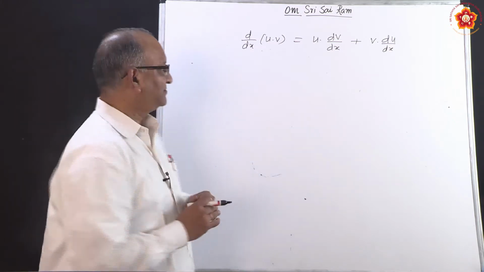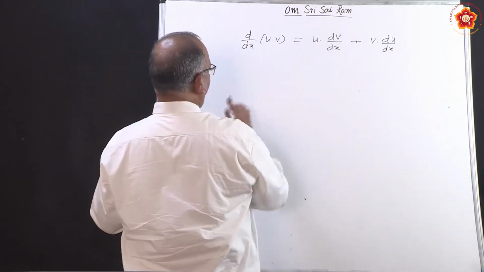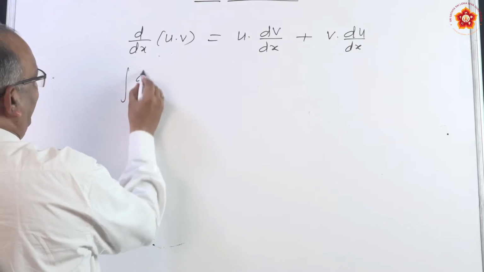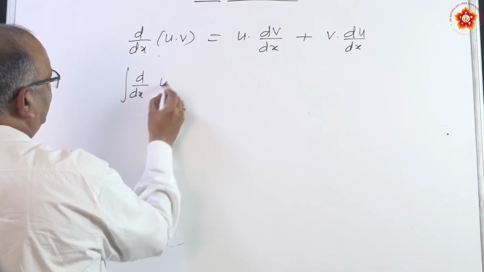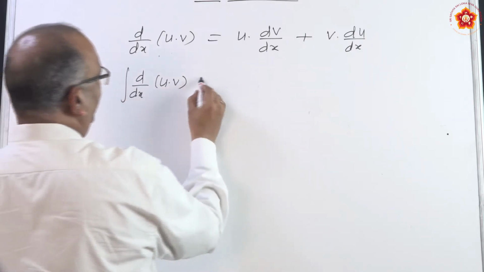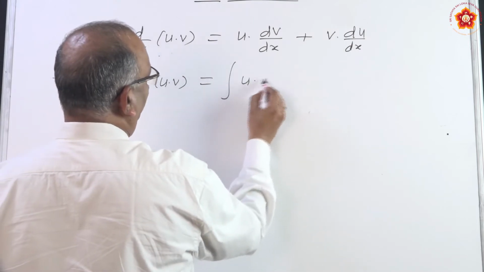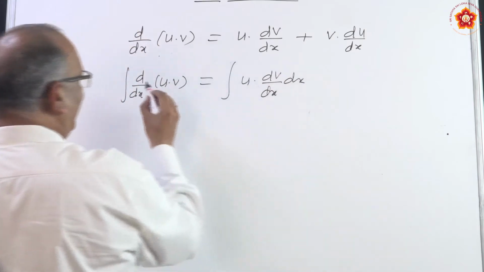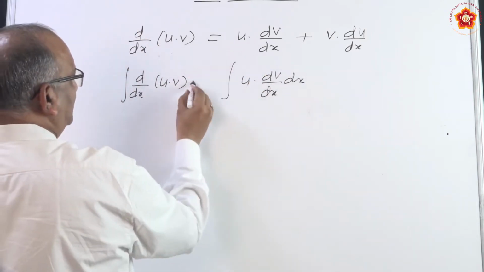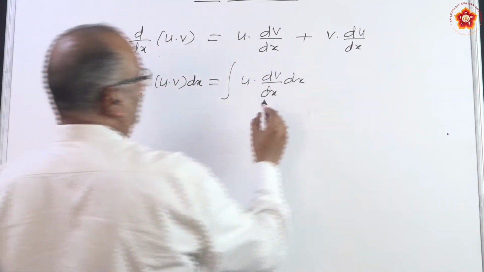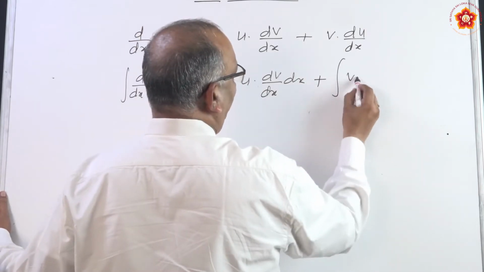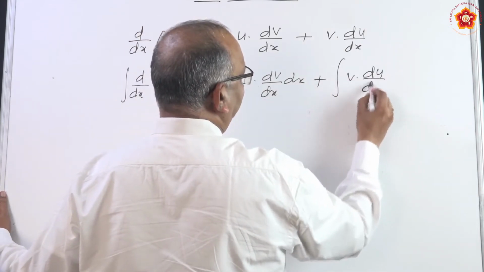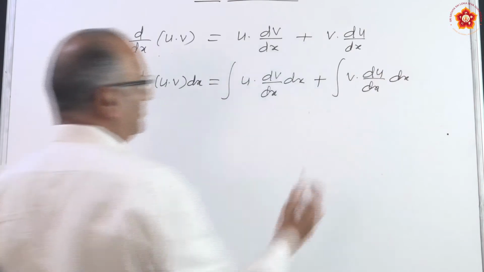Integrating both sides, integrate the whole thing. So, what will you get? The integral of d/dx of u into v equals the integral of u into dv/dx dx, plus the integral of v into du/dx dx. You have to keep writing dx because you are integrating. What did we do?